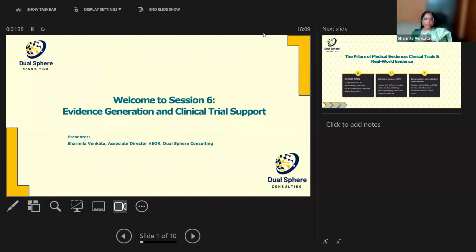So RWE, real world evidence, lets us see how the treatment performs under these real conditions, capturing outcomes like long-term effectiveness, adherence patterns and safety signals that may not appear in actual clinical trials.